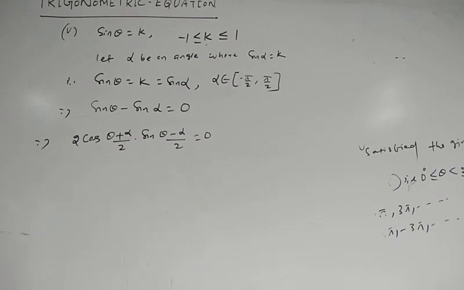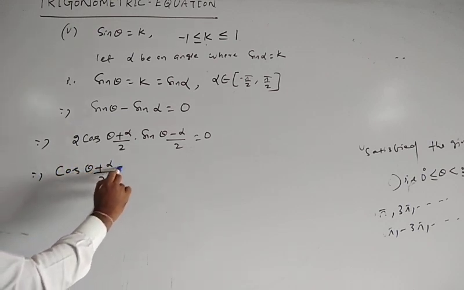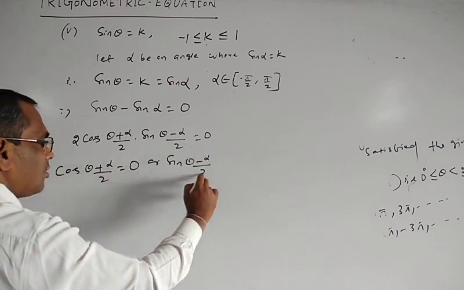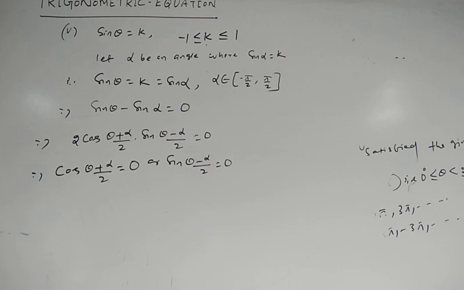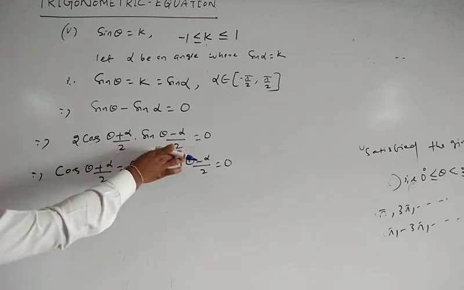So sin C minus sin D means 2 cos of (C plus D)/2 into sin of (C minus D)/2. That is cos of (theta plus alpha)/2 is equal to 0 or sin of (theta minus alpha)/2 is equal to 0, because this product is 0 means either factor may be 0.